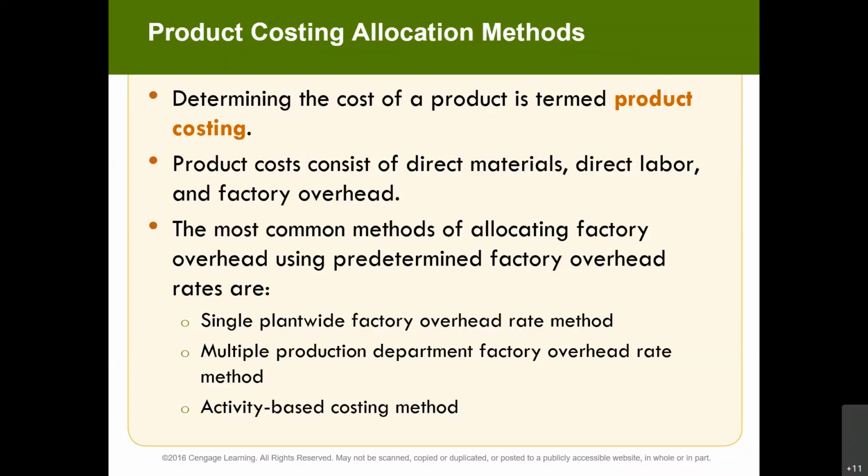The most common methods of allocating the factory overhead are the single plant-wide method, multiple production department method, and the activity-based costing method. We've talked about single plant-wide and multiple production department methods in earlier chapters, and now we're going to touch back on those two, and we'll also discuss activity-based costing.